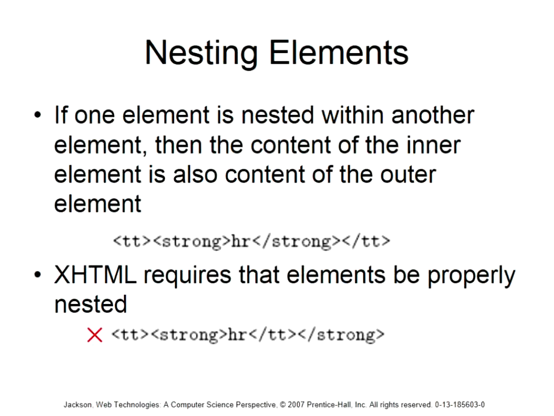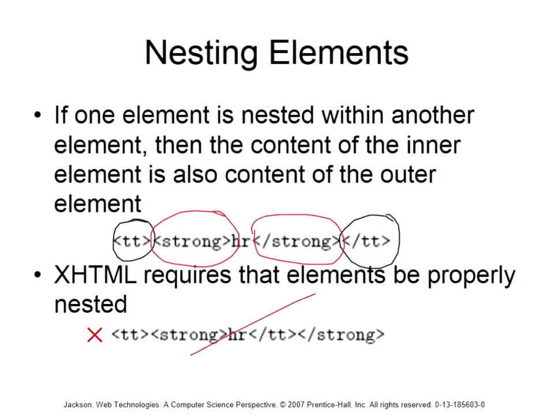So here, for example, we use TT, and after that in the TT we use another tag, strong. Okay, this is wrong. We cannot write TT strong and TT and after that and strong.